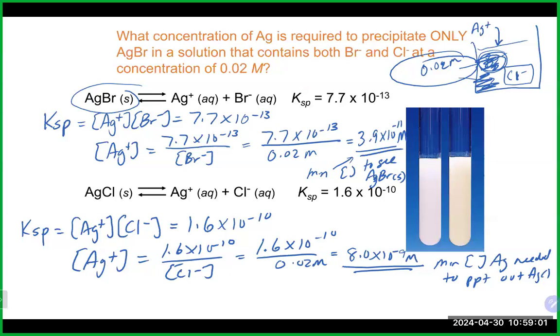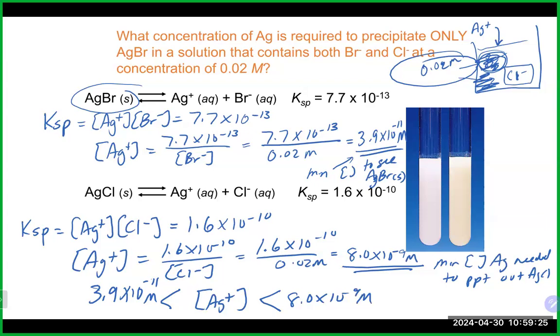So if you wanted to precipitate out all the silver bromide, you would need to get your silver concentration to be greater than 3.9 times 10 to the minus 11 molar, but you need to keep it less than 8.0 times 10 to the minus 9 molar.